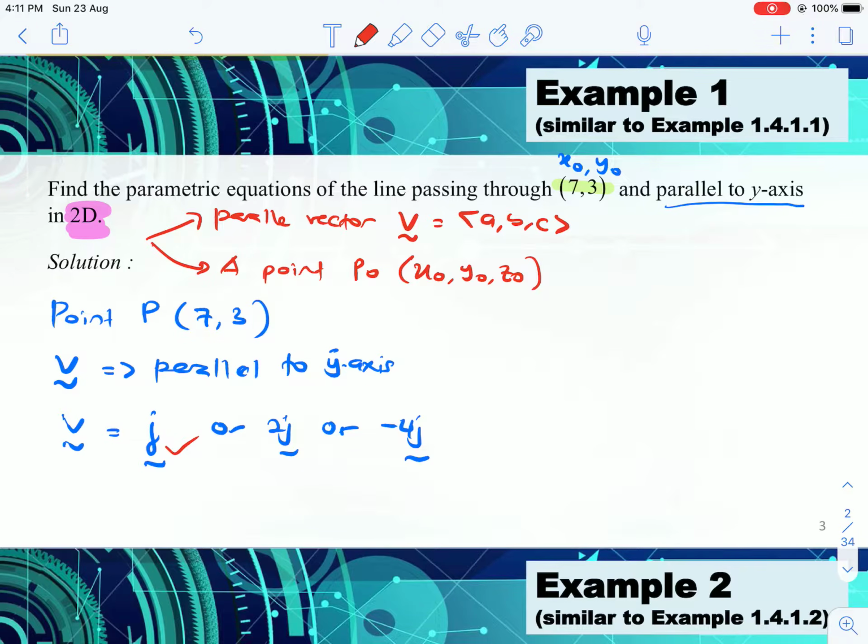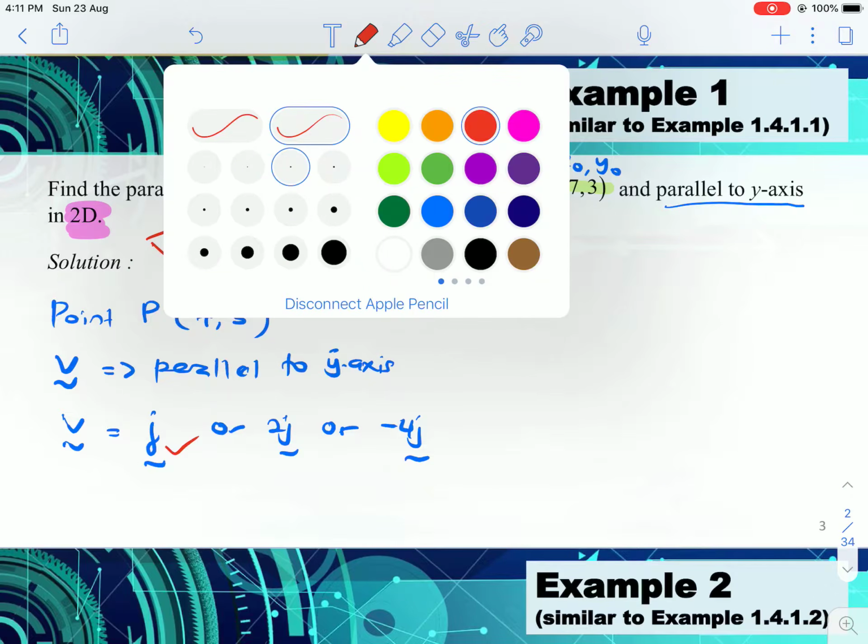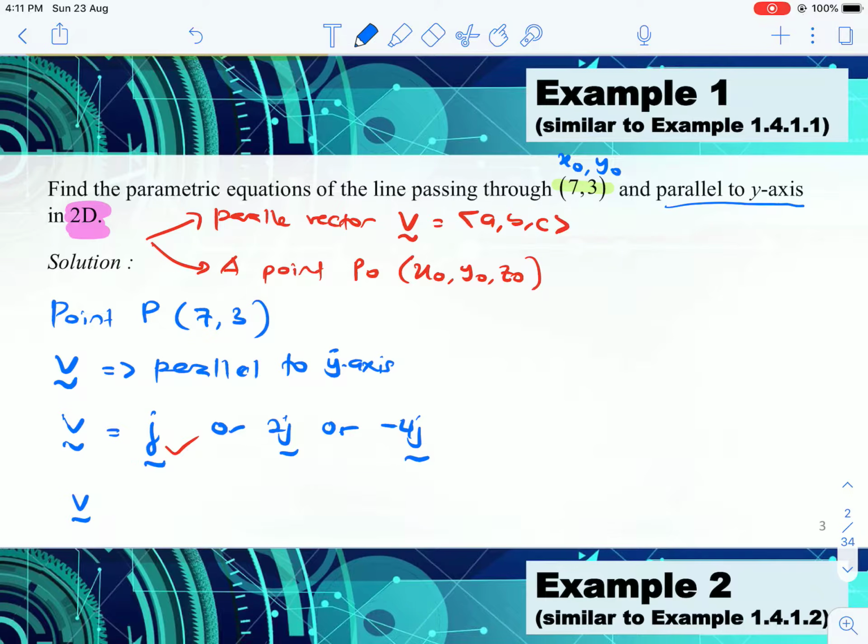Alright, so we have V equals to, in sharp bracket, 0i plus 1j, so 0, 1.